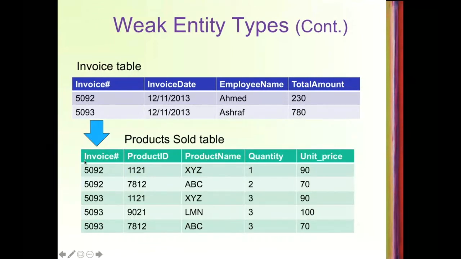Which attribute do we copy? We should copy only the primary key attribute. So the primary key is copied here. In this table, the invoice number is called the primary key. When you copy it into another table, the green table, it is called a foreign key.